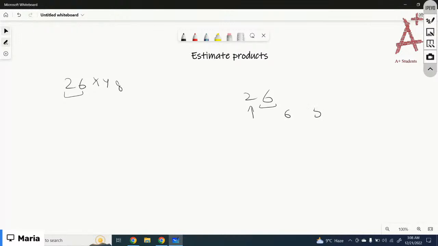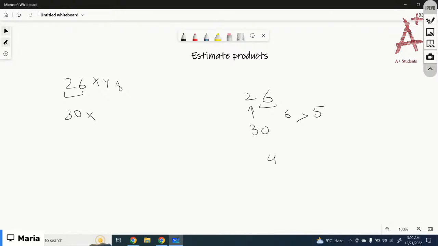You have to compare this digit to 5. 6 is greater than 5. That means you have to round up. Round up means add 1 to the digit. 2 plus 1 is 3 and replace the digit with 0. So it is 30. Got it?